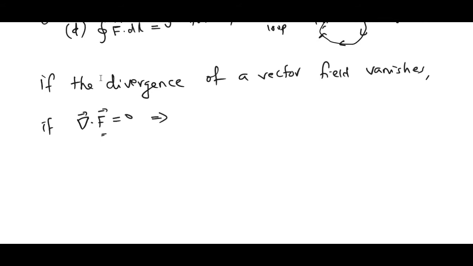Because we know the divergence of curl of a vector is always 0, if I compare these two equations, this can be written as f. Therefore, this f can be written as curl of A. Because the divergence of curl of a vector is 0, that is the main conclusion of this theorem. Let us say that is theorem 2.